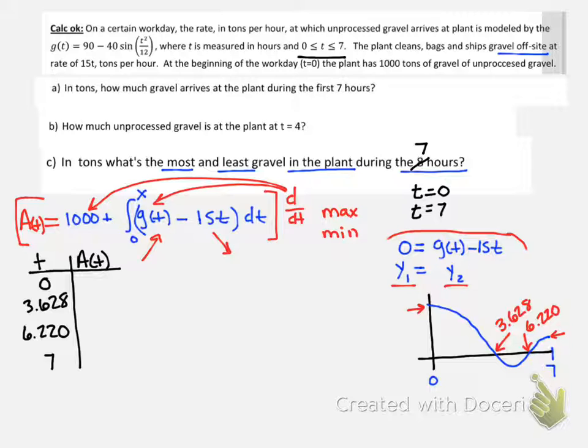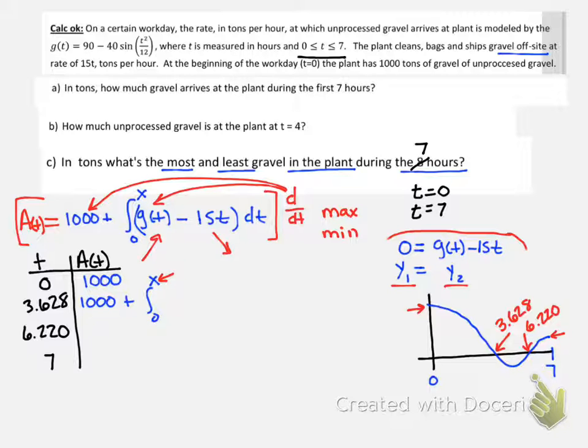So this first one, we only have 1,000 tons of gravel in the plant at time 0. The next, all of the rest, are going to be the same formula from 0 to whatever this time is. And we know each of these times.